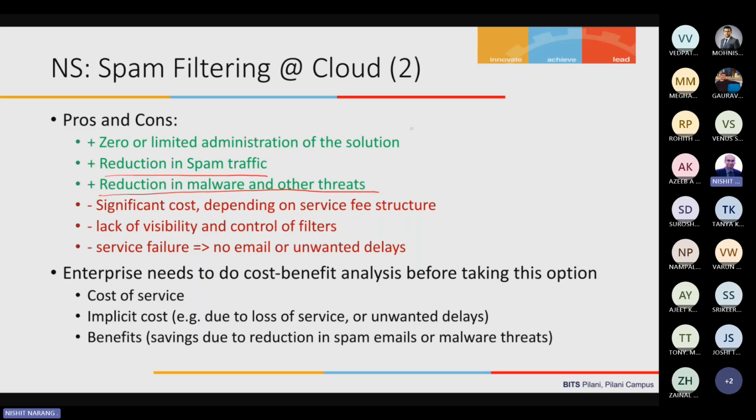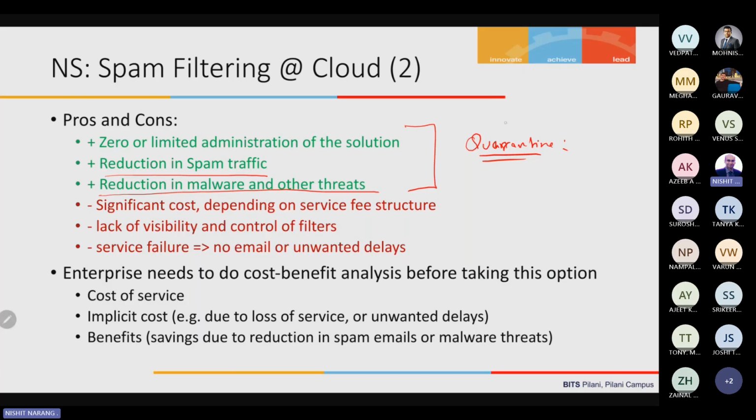I'm sure many of you, if your organization uses a spam filter, would have often received a mail that says quarantine. Some email has been quarantined because it contains some malicious content. And if you think that it is not malicious, you click on a link so that it can be released. Have you seen that?